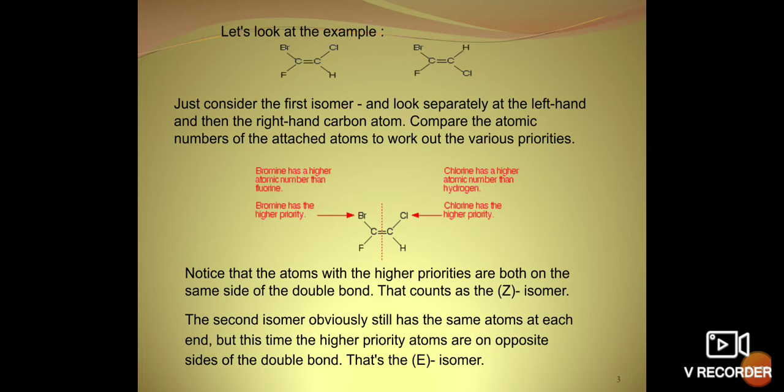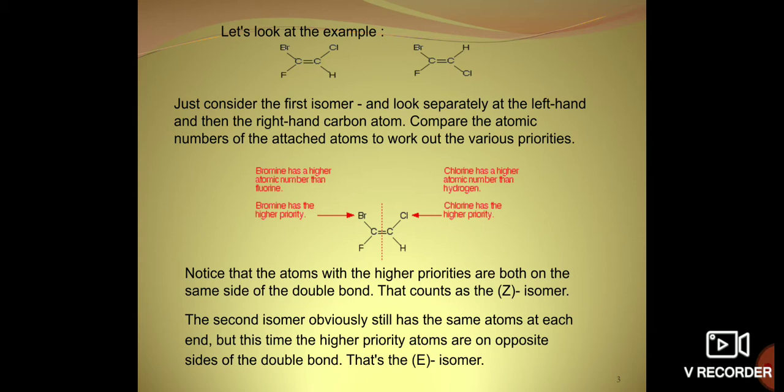So यहाँ हम देखते हैं कि अगर हम फर्स्ट आइसोमर ले रहे हैं तो उसमें ब्रोमीन has a higher atomic number than fluorine and therefore has higher priority. और दूसरे कार्बन एंड पर हम देखते हैं क्लोरीन has a higher atomic number than hydrogen and has the higher priority.